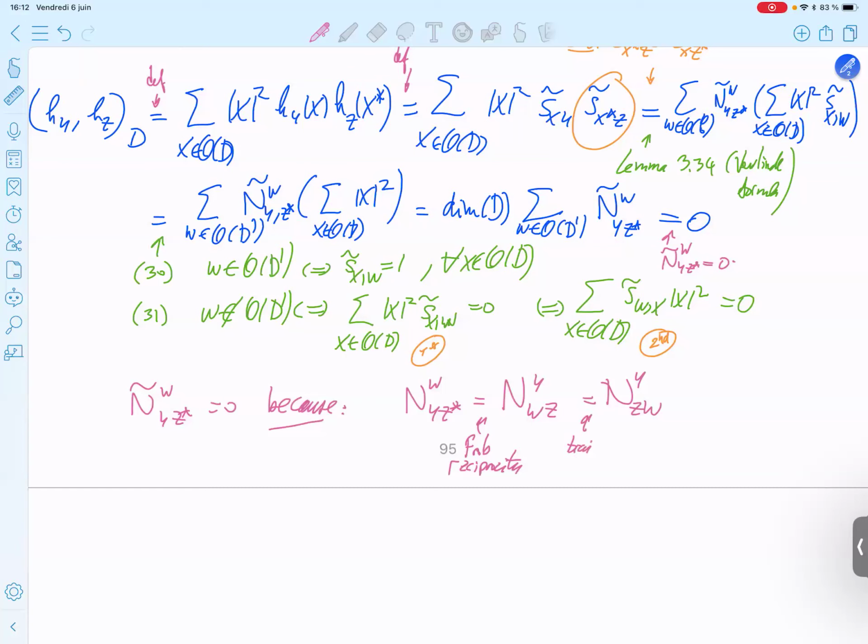So braided implies commutative Grothendieck ring, so you can commute. And this is different from 0 if and only if Y is a sub-object of Z tensor W, if and only if Y and W lie in the same component.